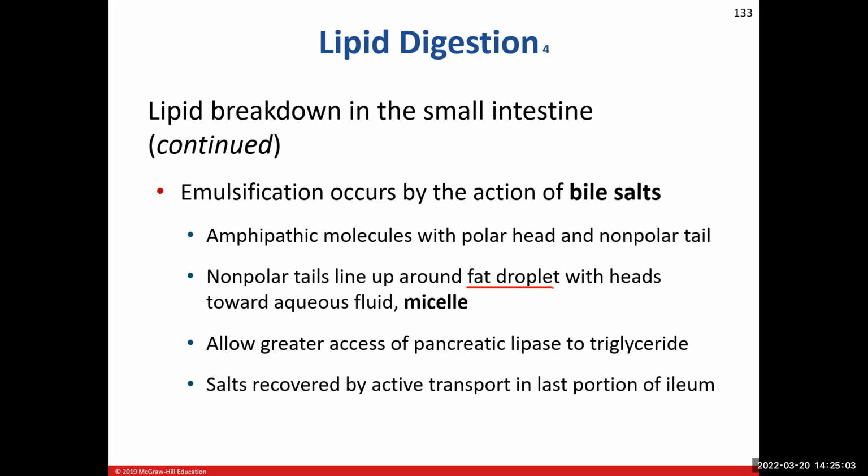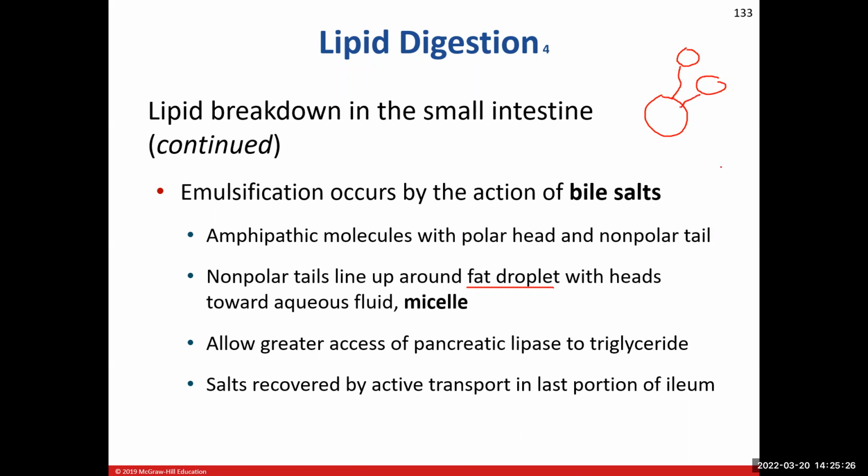All right, well, same thing here with our bile salts. We're going to have a polar head and a non-polar tail. So if you have your fat globule here, the polar head will face out and the non-polar tail will face in. I'm not going to draw the whole thing because I've got a picture that will show you.